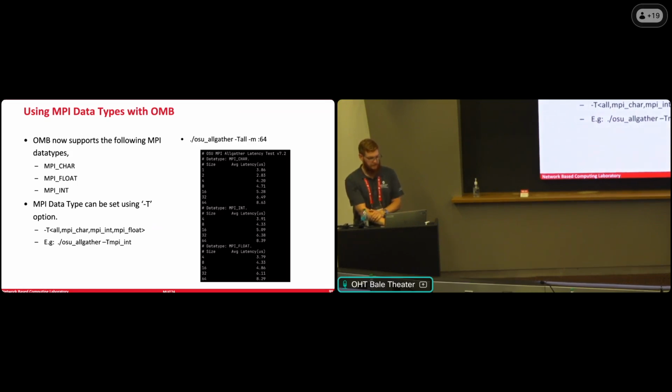We have this available now to switch between different types so that you can see the performance of your MPI library on more than just single byte char characters, if you want to test how it's performing for floating point or other data types that are built into the MPI standard as opposed to the derived data types. And you can also use the -T all to test all three supported data types and see how it performs across different MPI primitives.